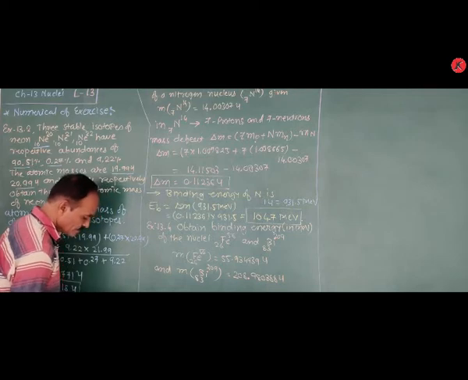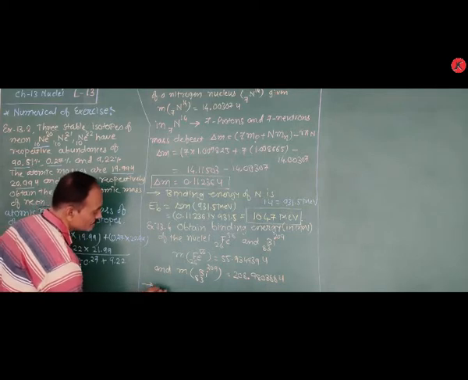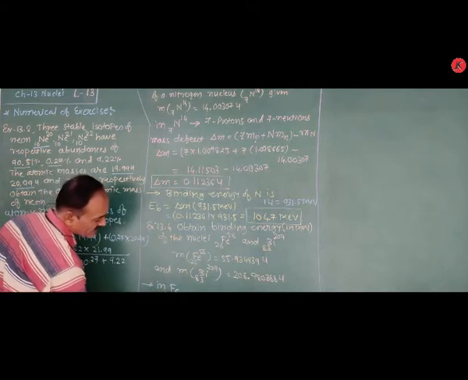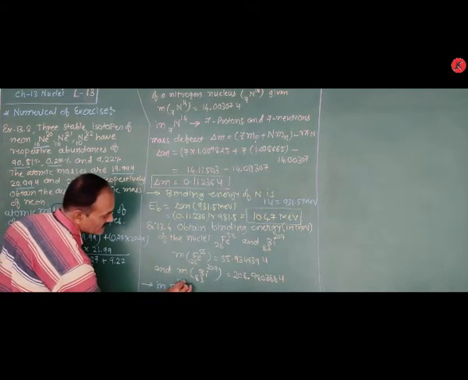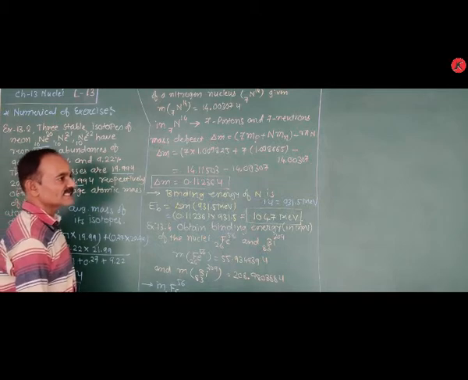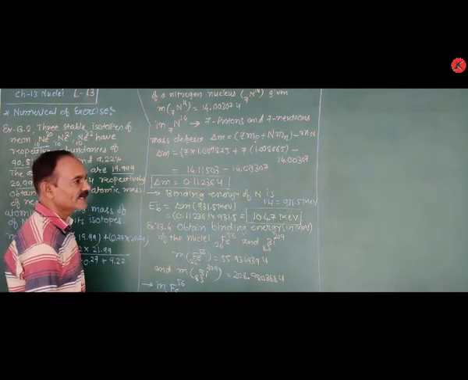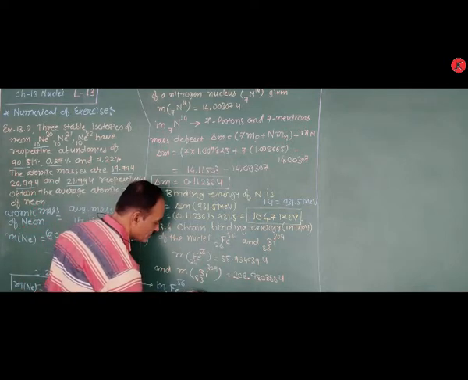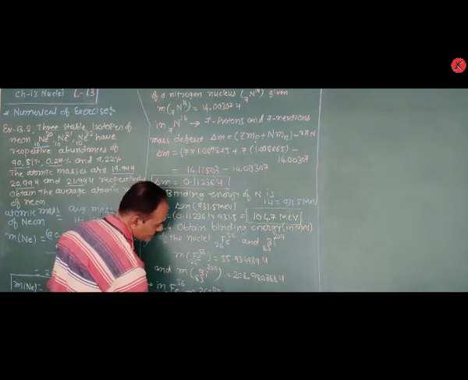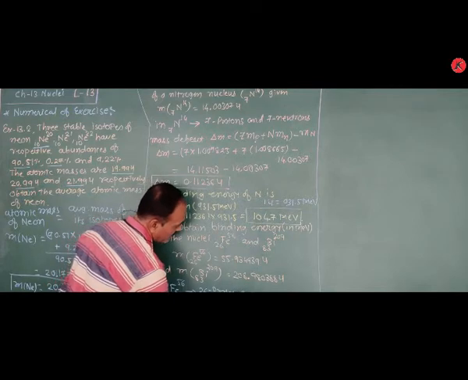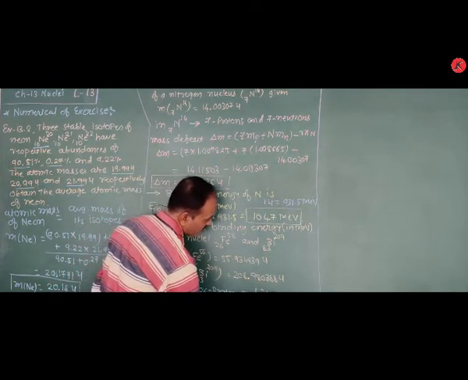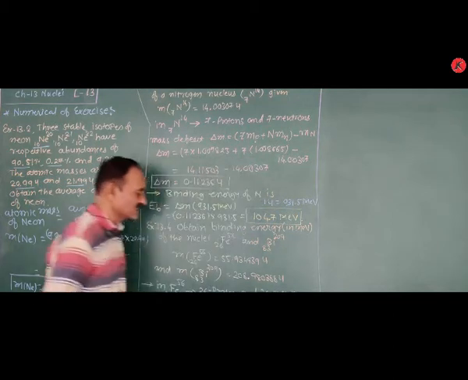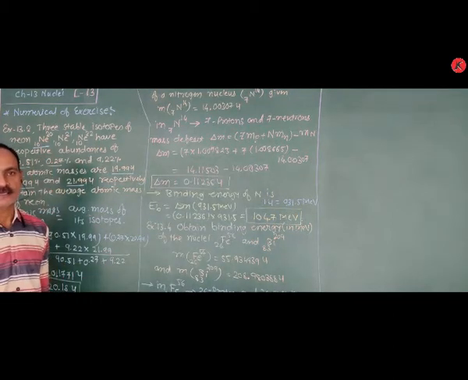In Fe, atomic number is 26 and mass number 56. Therefore, 26 protons and 30 neutrons are present in Fe nuclei.